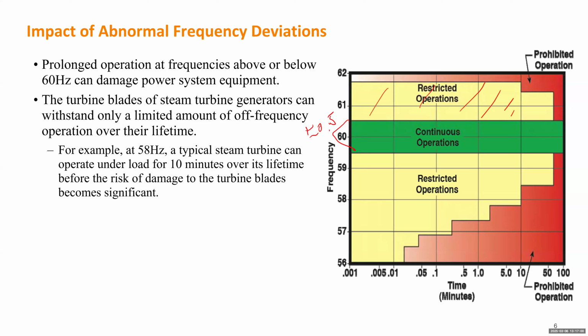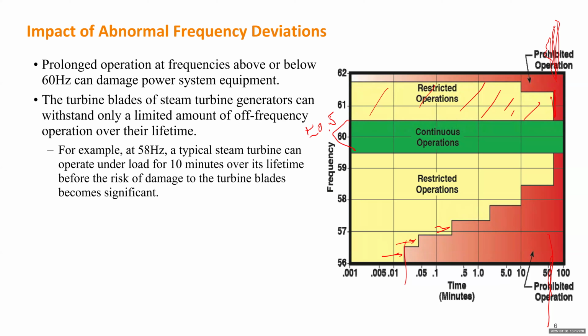For this yellow area, the most optimal case is you can operate this generator for 50 minutes of its lifetime. Okay, so if you have even higher or lower frequency, eventually the time will become smaller and smaller.